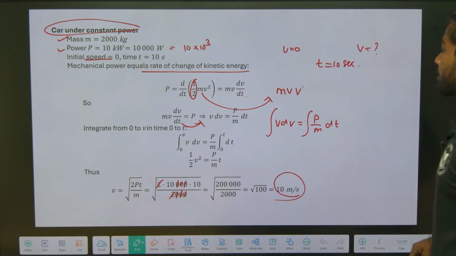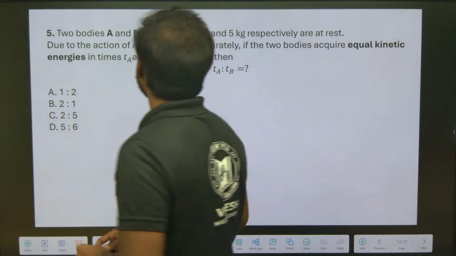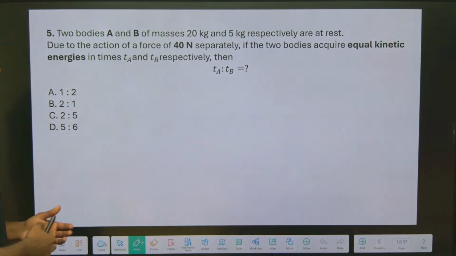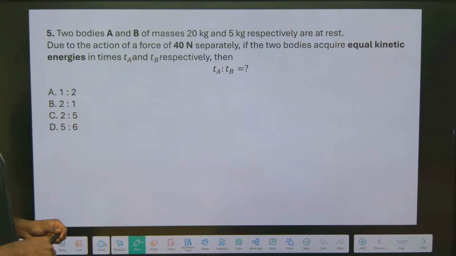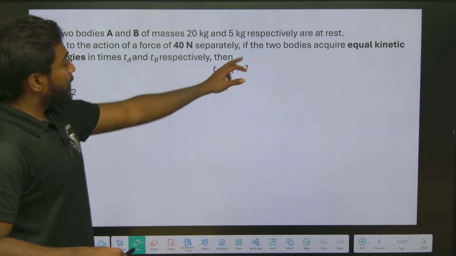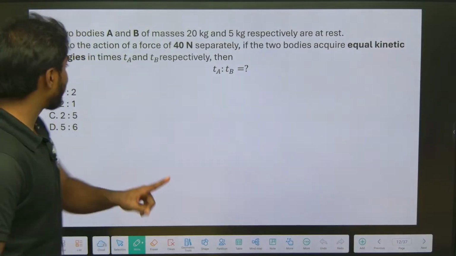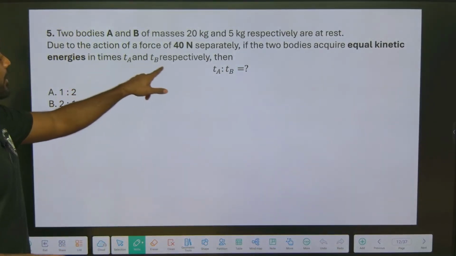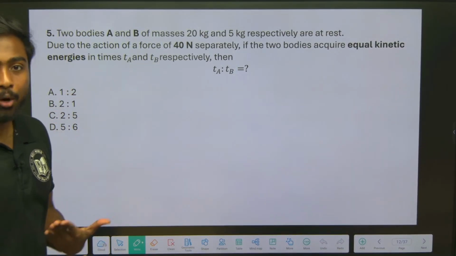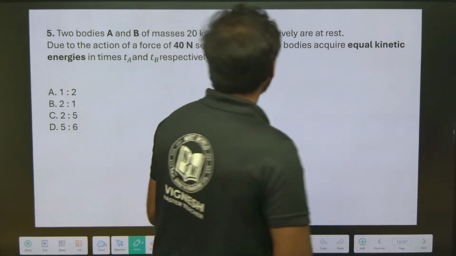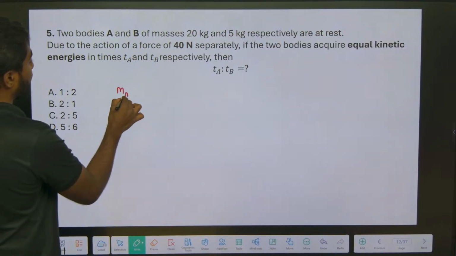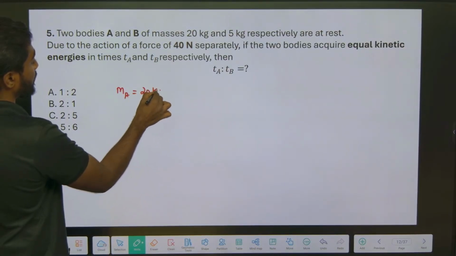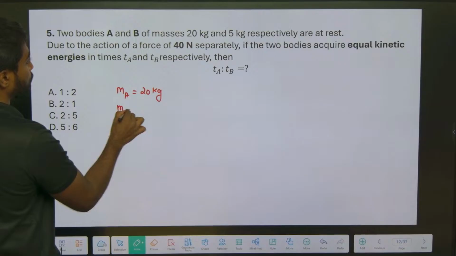Okay, next question is, two bodies A and B of masses 20 kg and 5 kg respectively are at rest due to the action of the force 40 Newton separately. If two bodies acquire equal kinetic energies in time Ta and Tb respectively, then what is the ratio of Ta and Tb? Okay, so what is the thing they are saying? Mass of A is equal to 20 kg, mass of B is equal to 5 kg.